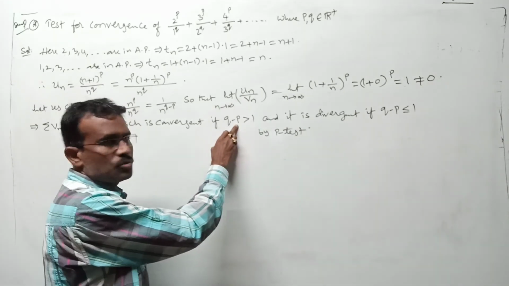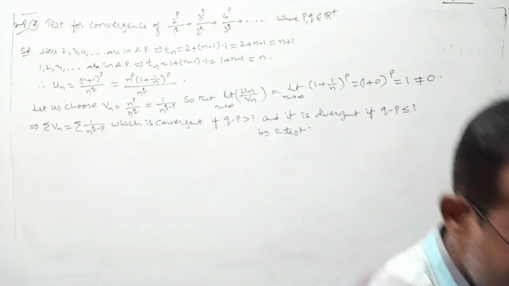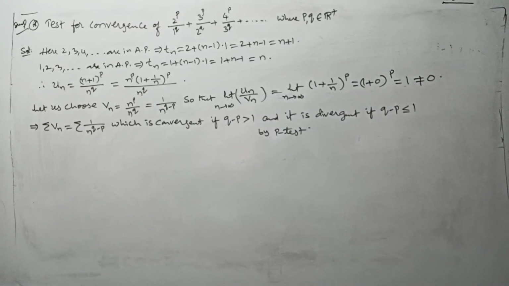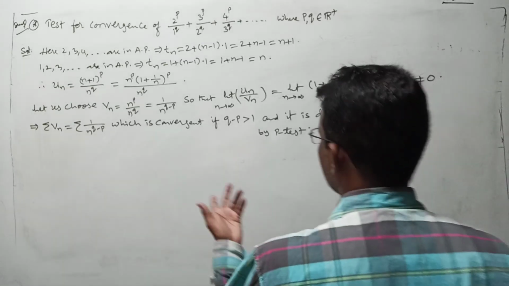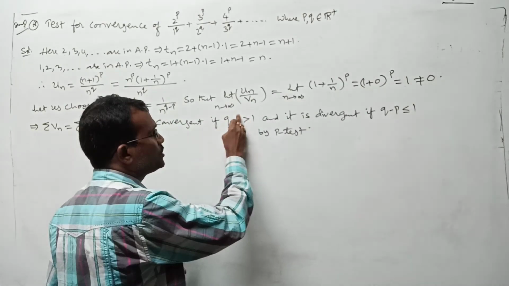Otherwise this you can write as q is greater than 1 plus p. Whenever q is greater than 1 plus p, or p is less than q minus 1, any order you can write, then it is convergent. I am writing q is greater than 1 plus p.